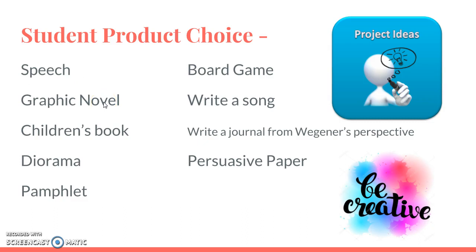Perhaps you write a graphic novel. If you like to draw, you could do that, having different characters and including Alfred Wegener's idea. Maybe you write a children's book and illustrate it. Those of you that like to build and actually create very physical, tangible things, maybe you make some kind of a diorama where you're building something. Again, this is where you'd have to be creative, but building something to show your knowledge of continental drift.